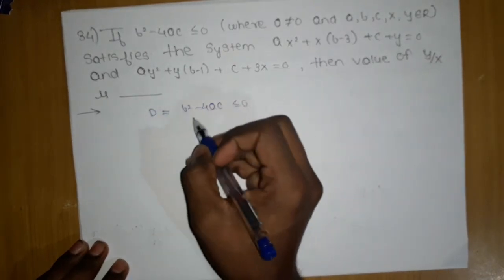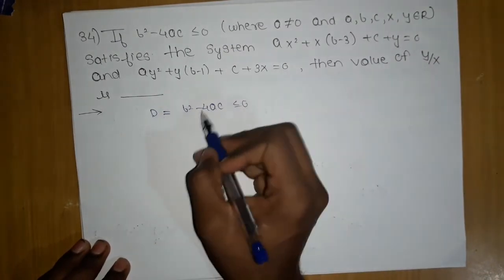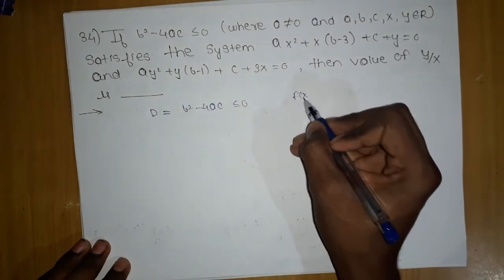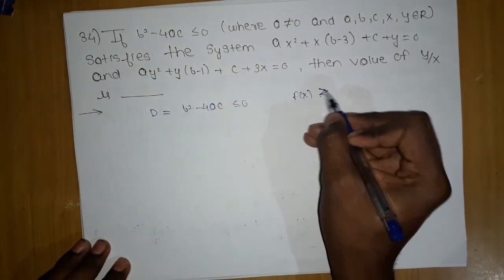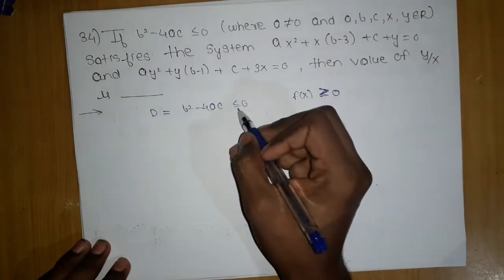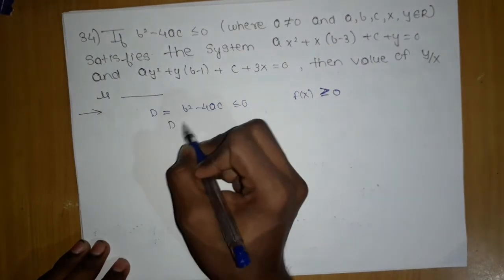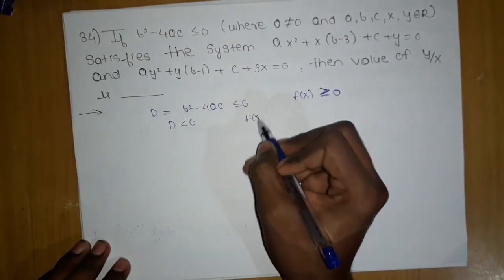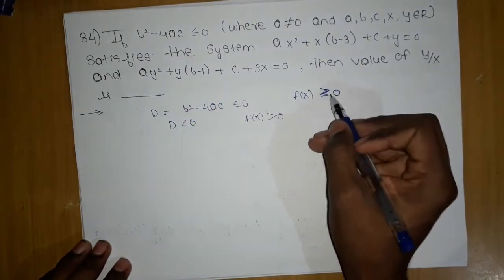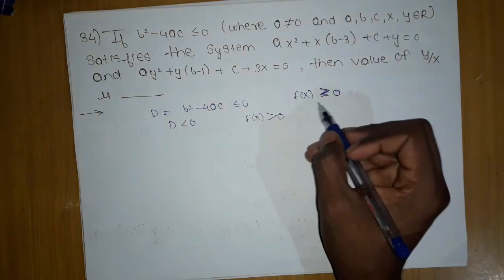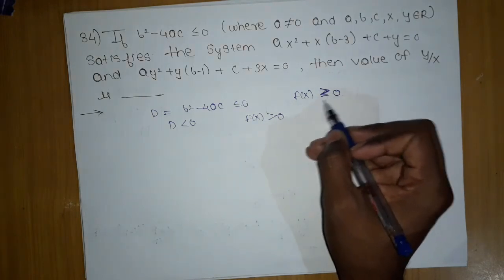So the function whose d is this, that function f of x will surely be greater than or equal to 0. If d is less than or equal to 0, the function is greater than or equal to 0. If d was less than 0, the function was greater than 0. It means f of 0 value is also included.